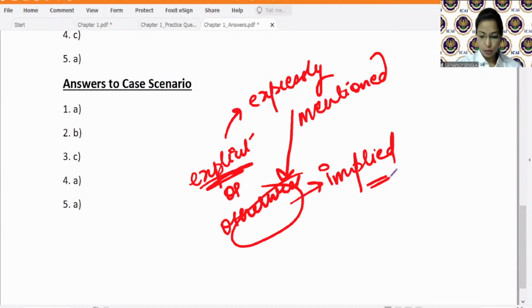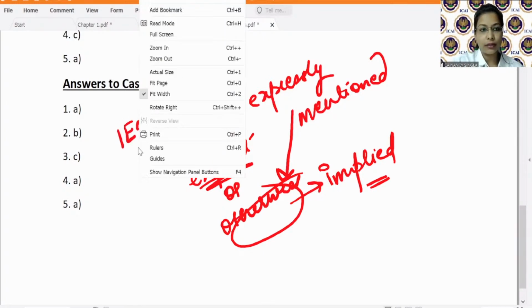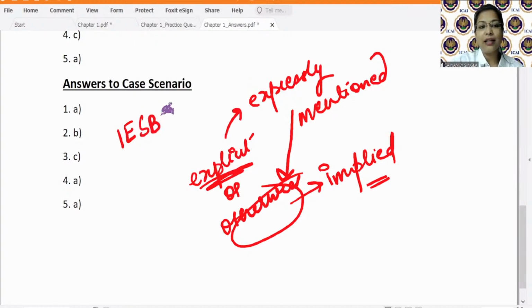Prakash, please refer to the video. Repeating it will take another 15-20 minutes. So the ISBA code. Basically, it says that with respect to the audit of the audit firms, they need to meet the ethical requirements.